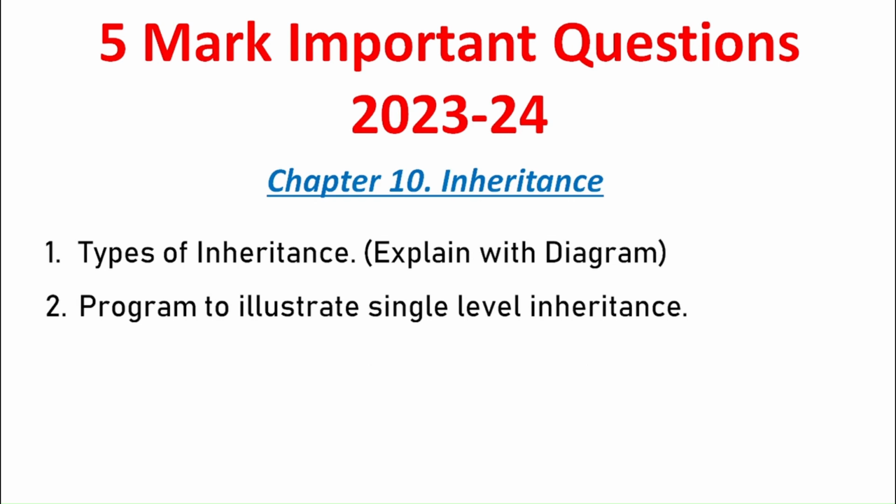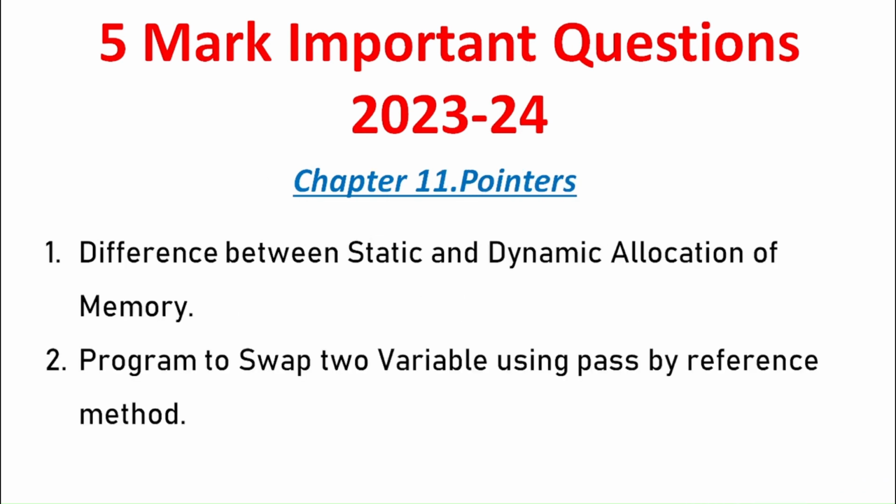From the inheritance chapter, there are only two important questions, and 100% you will get any one of them in the paper. The first one is types of inheritance, and you should explain everything neatly with the help of a diagram and a simple program to show single inheritance. In the pointers chapter, you must study the difference between static and dynamic allocation of memory and a program to swap two variables using the pass by reference method.